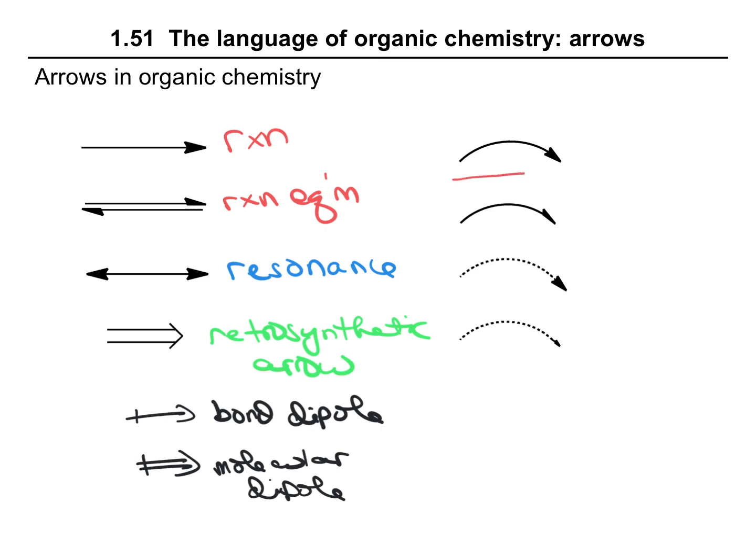So the curved arrow with a double barb, as opposed to here, notice there is just a single barb. So the curved arrow represents the movement of a pair of electrons. This is the driving force behind reactions. So reactions are all about the movement of electrons.